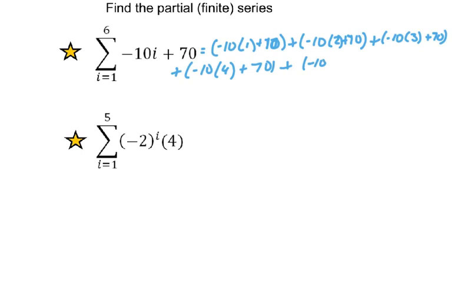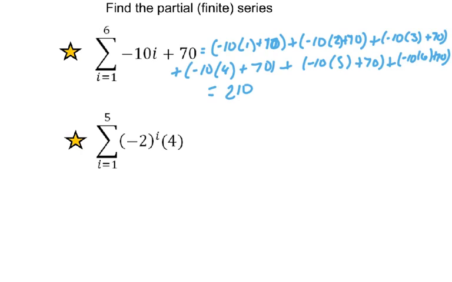Plus negative 10 times 5 plus 70, and then finally plus negative 10 times 6 plus 70. Hopefully we're not running out of space and you can see that. Sorry, I tend to use guys as a gender-neutral term. Hopefully you all can see that. If we add those all up, we end up with 210.